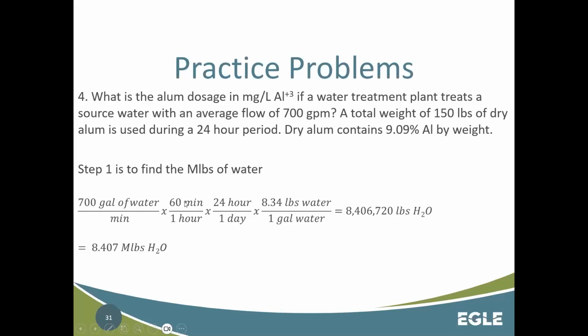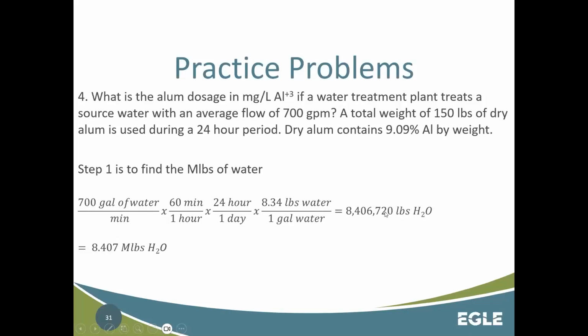Then we're left with our time unit being day. We were in gallons of water, and we know 8.34 pounds of water per gallon. Gallons are going to cancel out, and we're going to be left in pounds of H2O. So that's 8,406,720 pounds. It's a lot of digits.